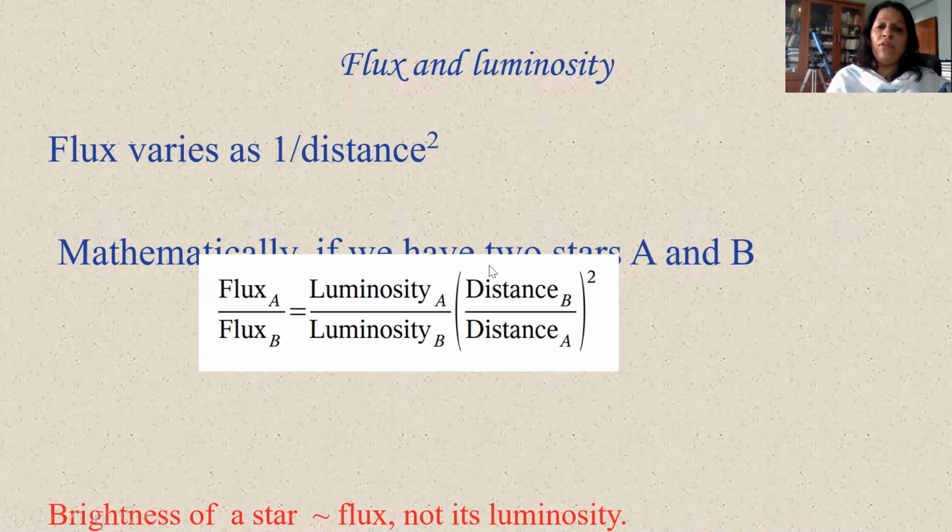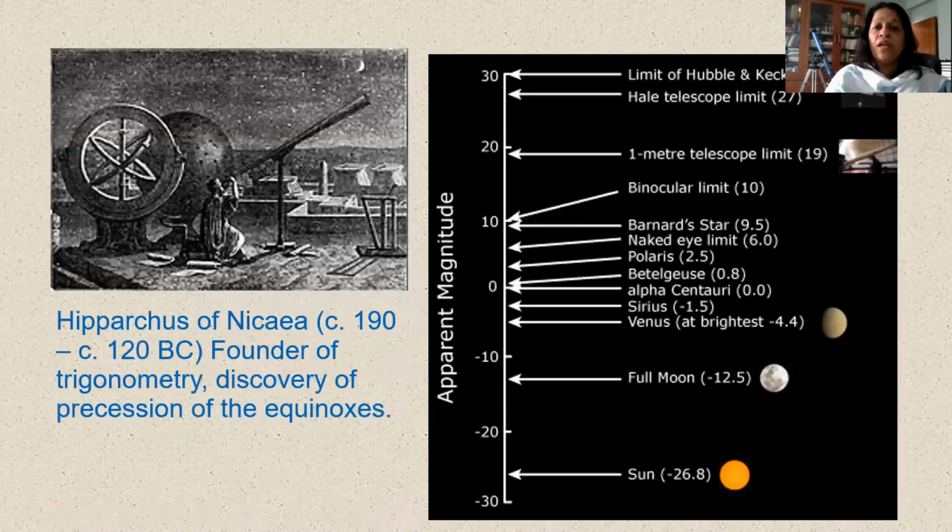The flux of A is the luminosity of A divided by distance A squared, and that of B is the luminosity of B divided by distance B squared. That's how we can compare the fluxes of two stars. So when we are looking at the brightness of a star, we have to remember that what we are actually measuring, or seeing, is the flux: the amount of brightness that comes to us in our detector.